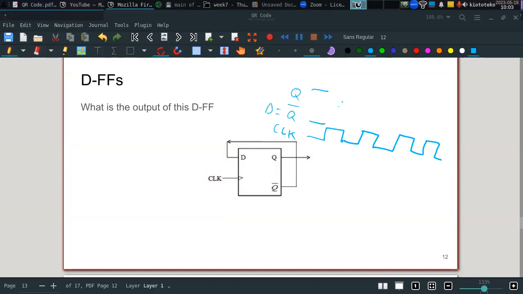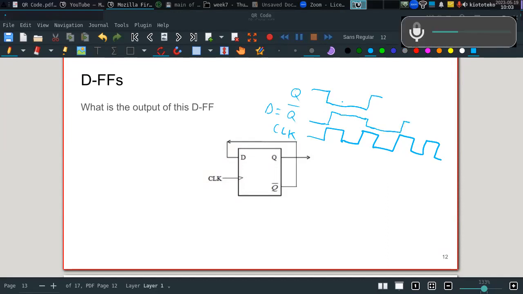So what will happen is that because Q is 0, at this rising edge, Q will go to 0, and not Q will go to 1. And this will stay like that until the next rising edge, when, because not Q is 1, Q will go back to 1, not Q will be lowered, and like that.